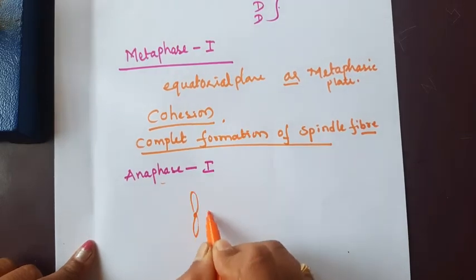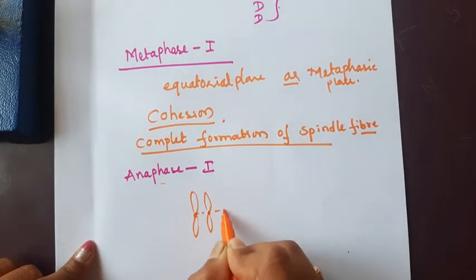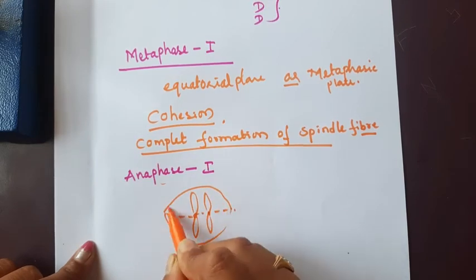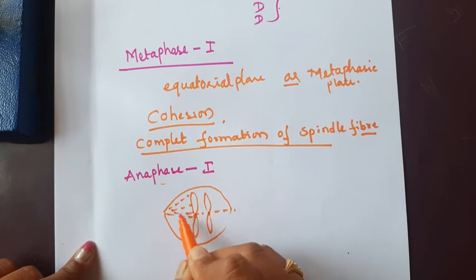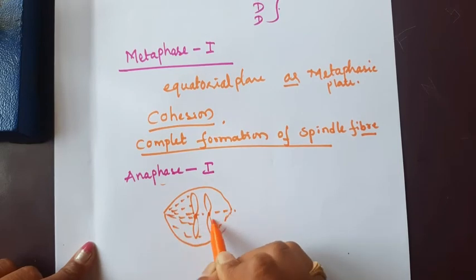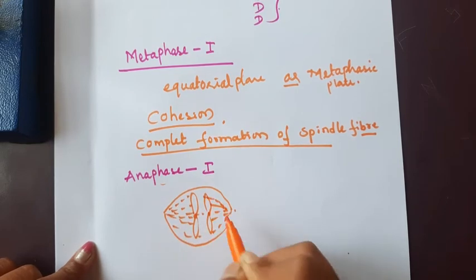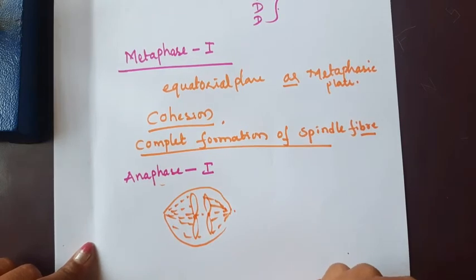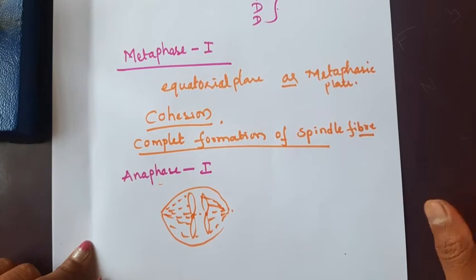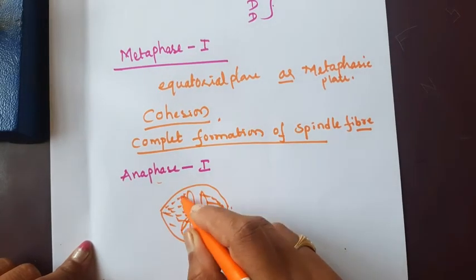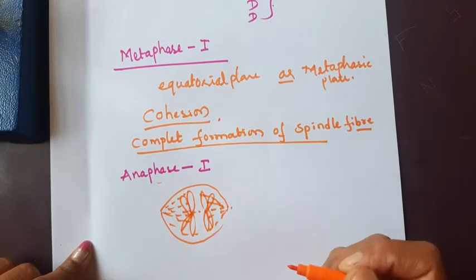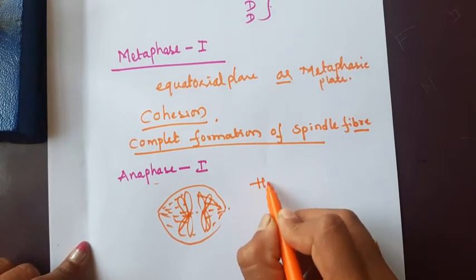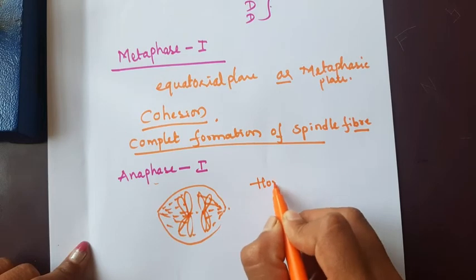The homologous chromosomes which are present in the equatorial line get separated due to the action of spindle fibers. Due to the action of spindle fibers, I can say that the tetravalent chromosomes get separated, not the bivalent chromosomes.